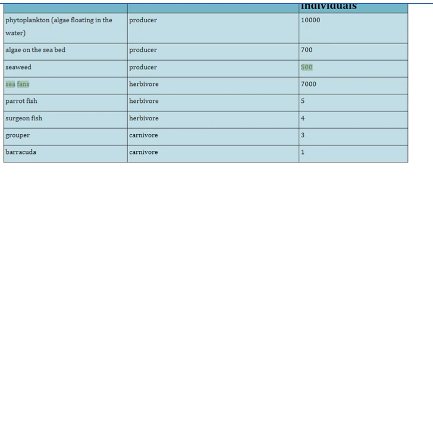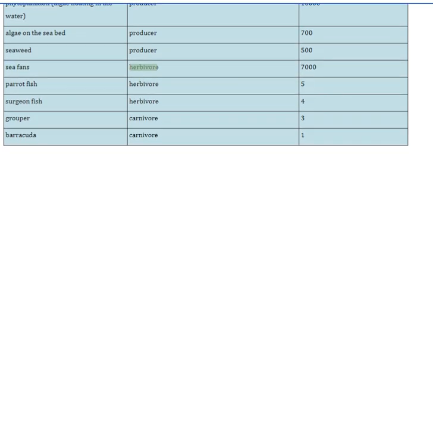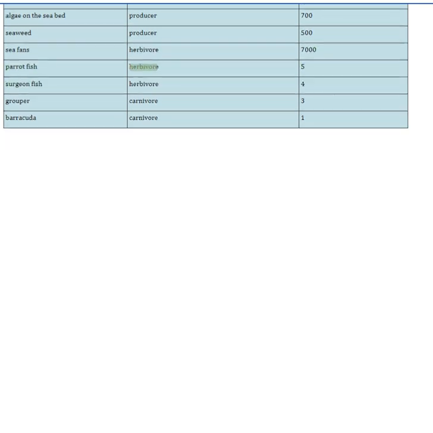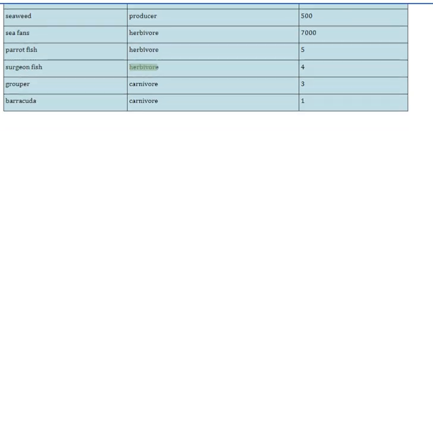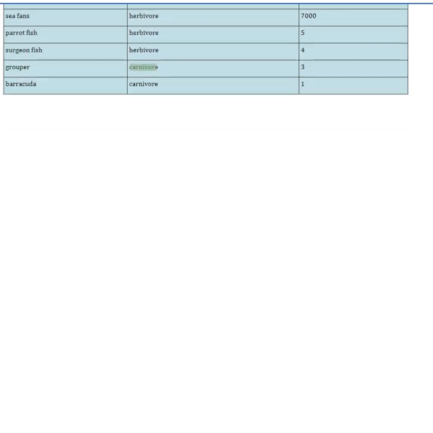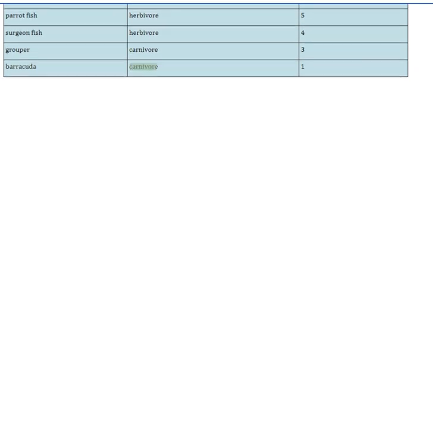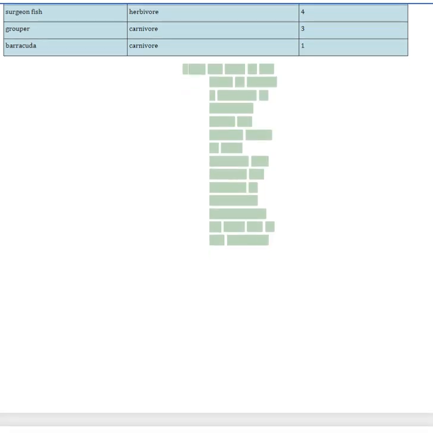Sea fans, herbivore, 7,000. Parrotfish, herbivore, 5. Surgeon fish, herbivore, 4. Grouper, carnivore, 3. Barracuda, carnivore, 1. A. Use the data in the table to sketch a pyramid of numbers.